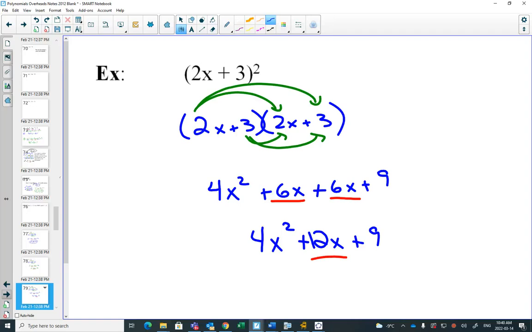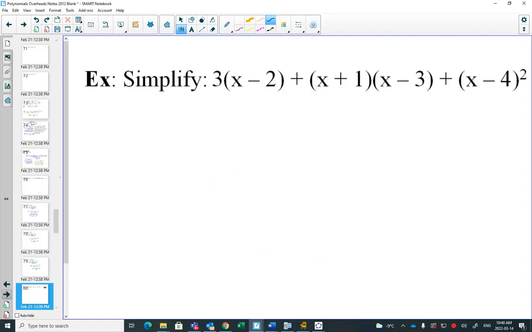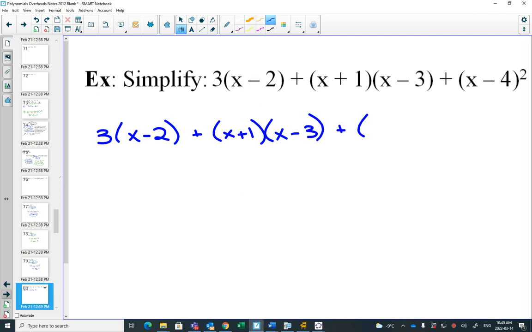And then finally, for this challenge question, if I rewrite it out, these ones are okay, but the last one is squared, so I rewrite it out with x minus 4 times x minus 4. The first one, a number in front, needs to be distributed, so that 3 will go to both of them.